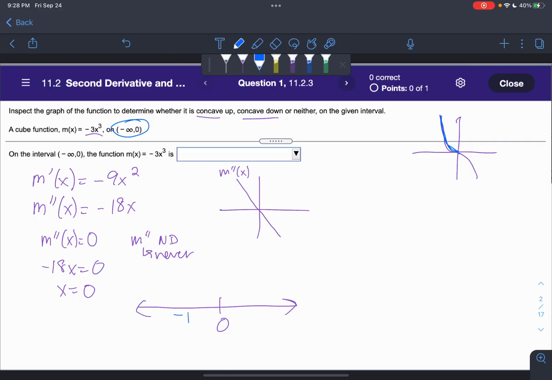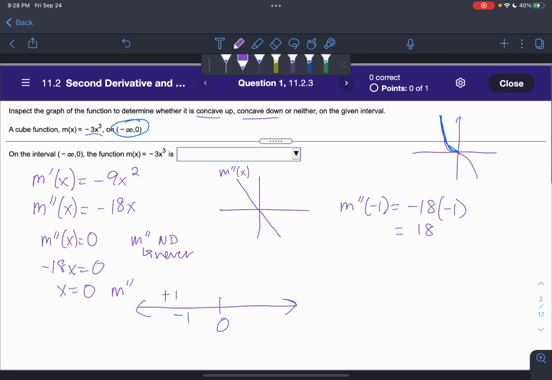So let's just test what m double prime is of negative 1. We plug that into our negative 18x, and I get a positive number, right? Positive 18.